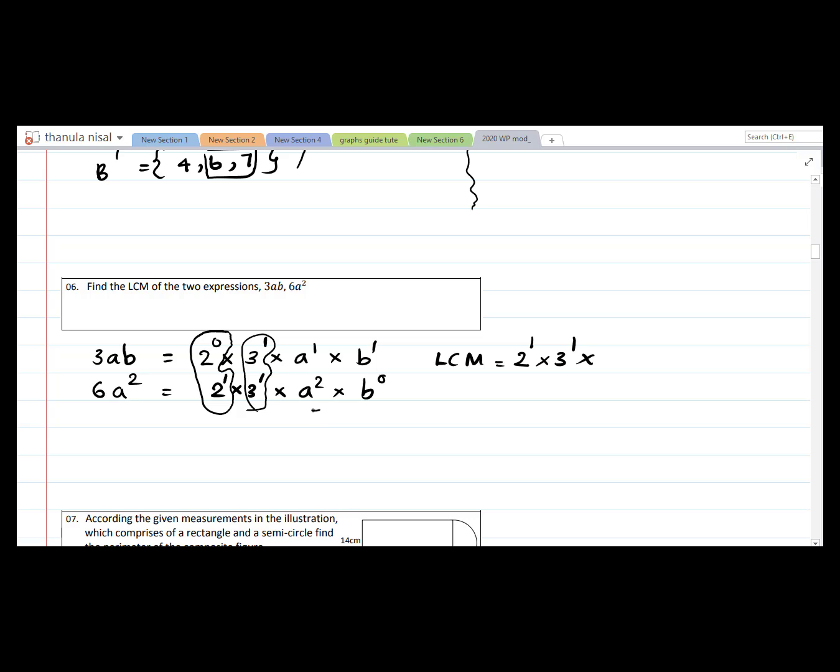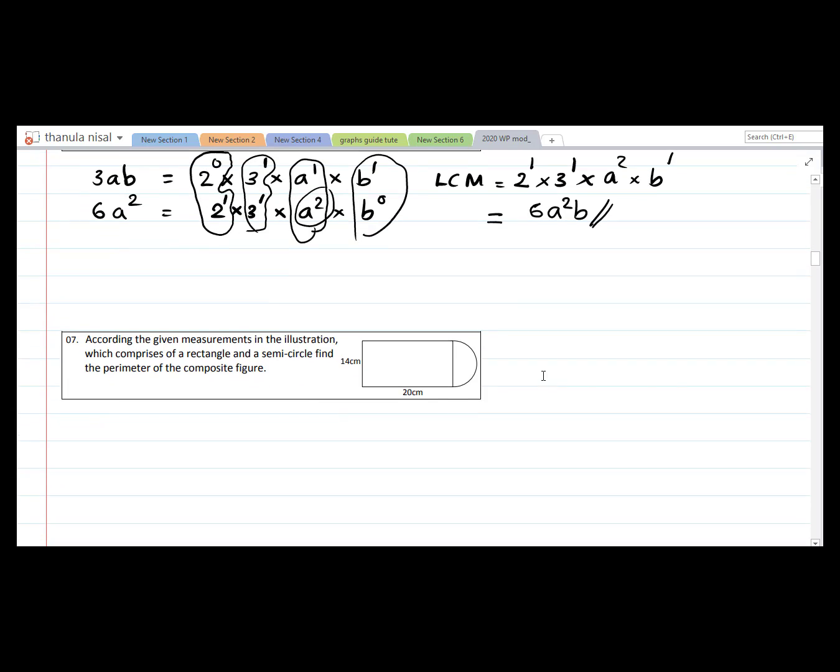Out of this maximum power is 2. Here out of this maximum power is 1. Okay. Now just simplify. 2 into 3, that is 6. 6A square B. This is the answer.